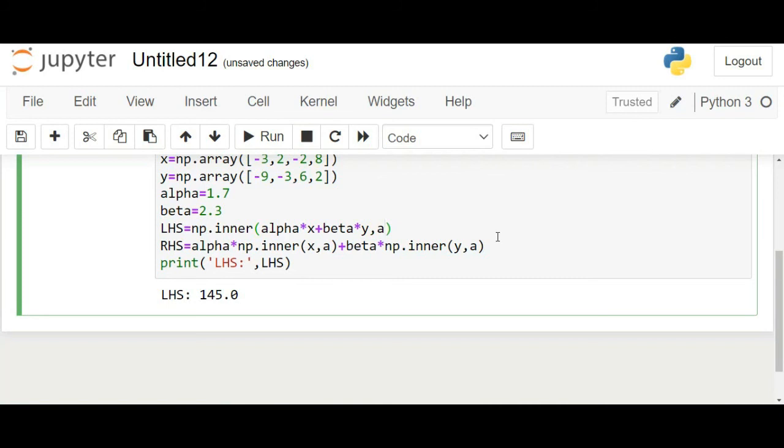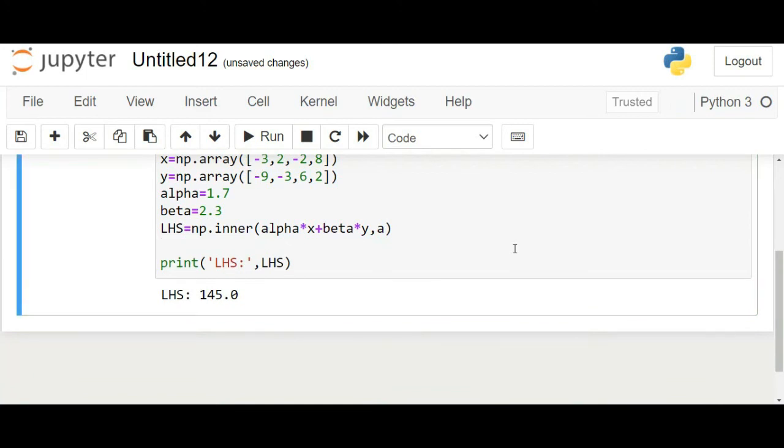Okay, and now if we press run, of course our answer for both the left hand side and right hand side will be the same. And if I remove it with Control and C, our answer is again the same.